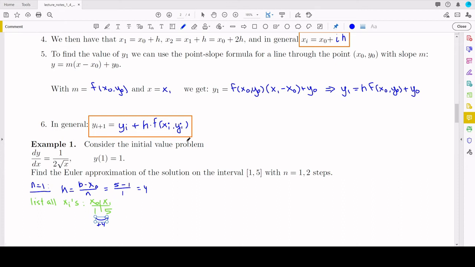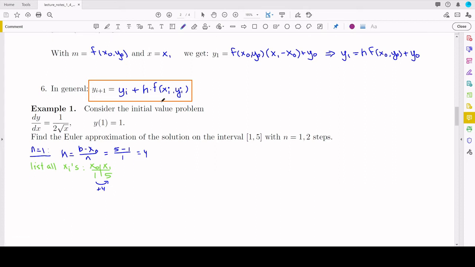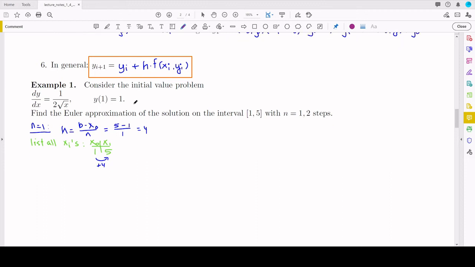So now the next step that we need to take is we need to calculate our yi's. And so the formula that we're going to use here is this one over here.